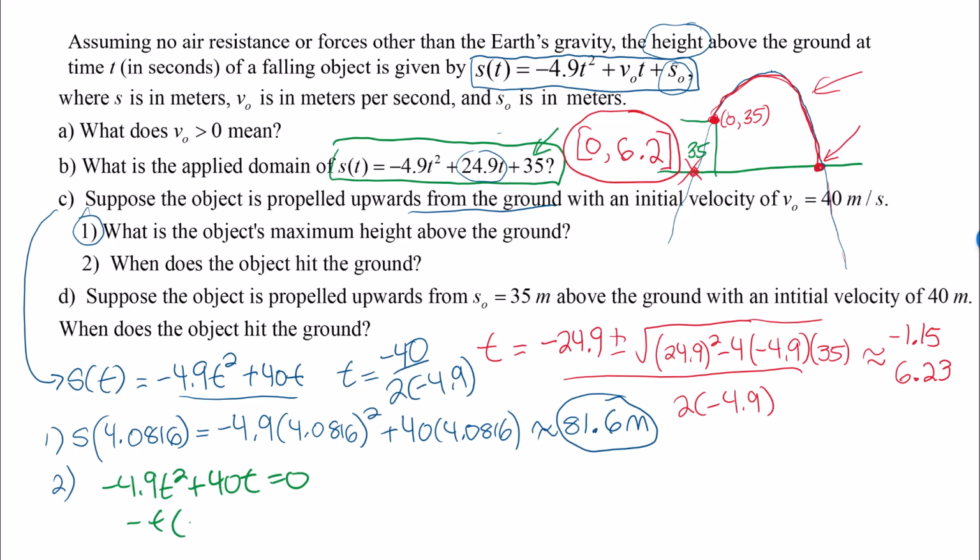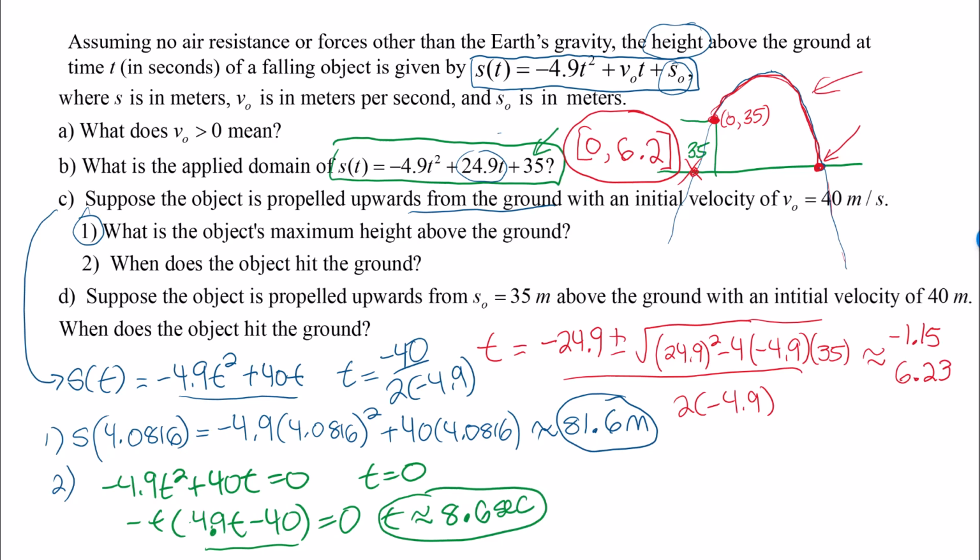That will leave me 4.9t minus 40 equals 0. So t equals 0, it was on the ground. Obviously that's when it started, so if we set this equal to 0 and solve it, we get t equals, I'm going to go to 1 decimal place, 8.6, and let's put in our units, which are seconds. So that's when it will hit the ground.